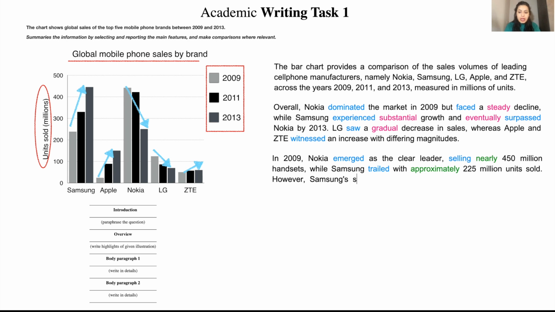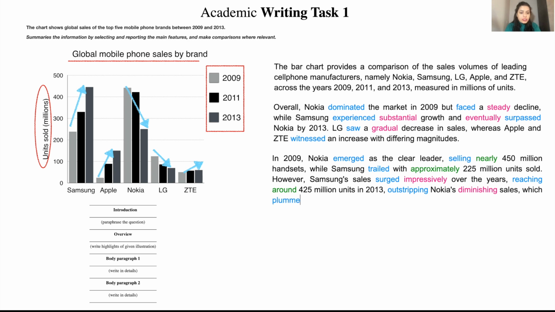However, Samsung's sales surged impressively over the years, reaching around 425 million units in 2013, outstripping Nokia's diminishing sales, which plummeted to approximately 100 million units during the same period.